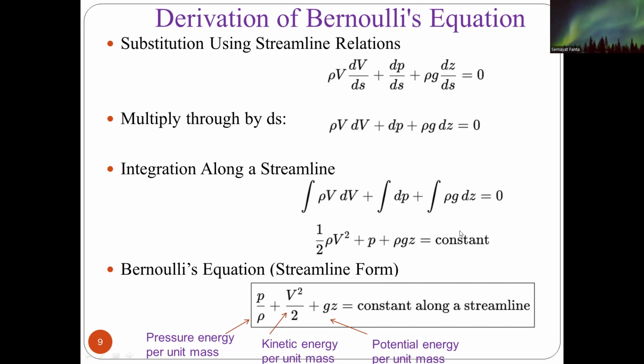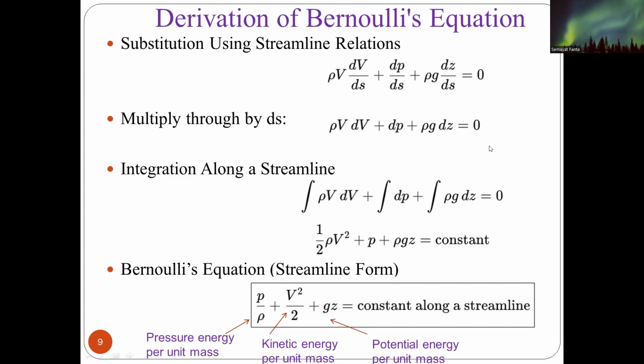So this is the well-known Bernoulli's equation, and we can represent it by dividing by density: p over rho plus V squared over 2 plus g z equals constant along the streamline. The first term represents pressure energy per unit mass, the second term kinetic energy per unit mass, and the third term potential energy per unit mass.